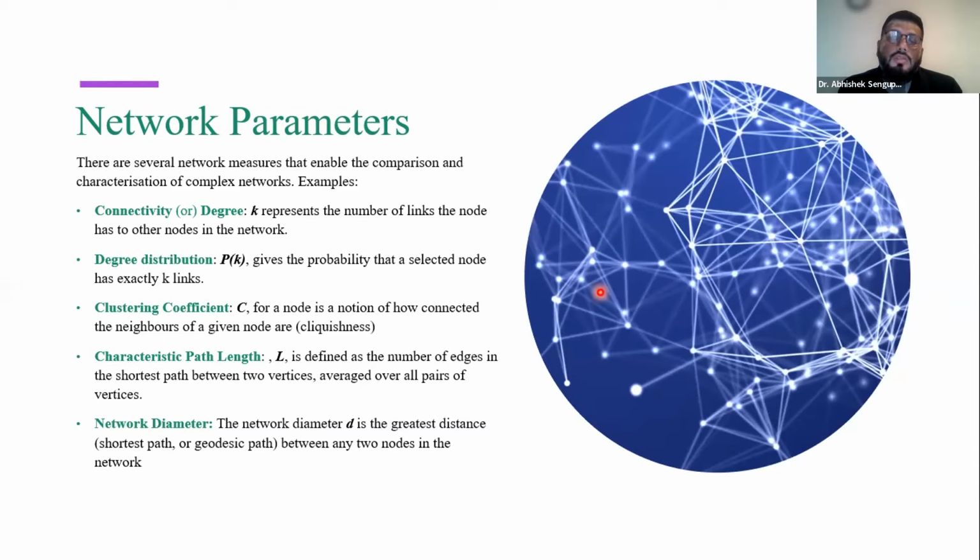You can only solve it at the system level, when you have all the genes, all the proteins, all the metabolites in front of you, and you can infer from their connectivities. So the network diameter is the greatest distance between two nodes in the network. Fine. Now, let's move ahead.